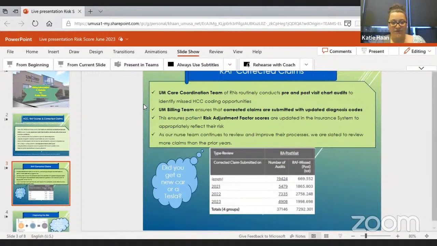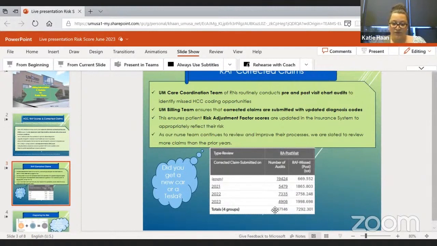What we do on the revenue cycle team is we actually submit those claims as corrected after the nurse team identifies the errors. As you can see here, over the last 3 years, we've definitely been doing this for a while now, and we keep increasing the number of audits and the number of corrected claims.